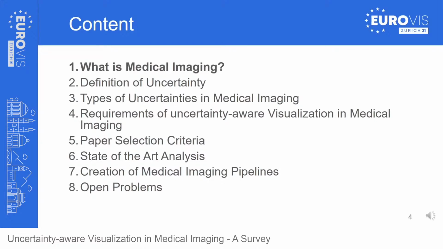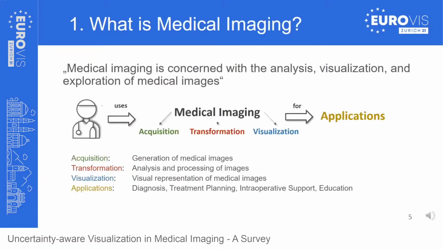So let's start with the definition of medical imaging. Medical imaging is concerned with the analysis, visualization, and exploration of medical images. And what this means in practice is there's usually a clinician that uses medical imaging in different applications.